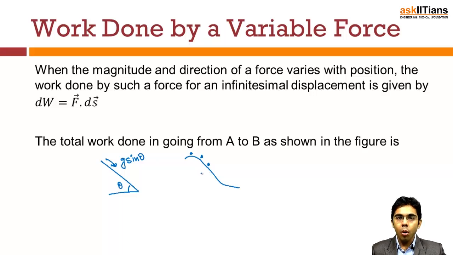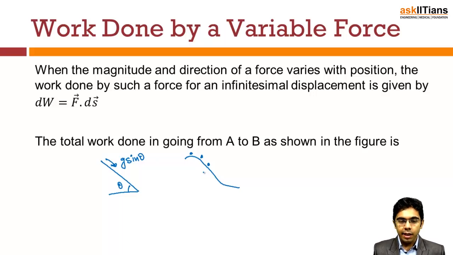When we compare all these positions, theta will be different from each other. Therefore, different acceleration, and therefore different force. So we can say that with the position, the force is now changing.